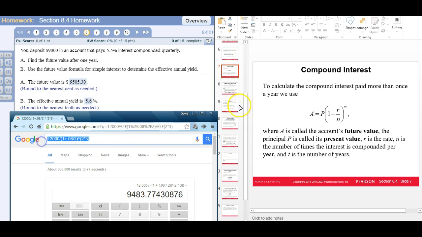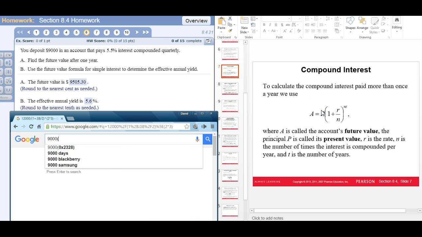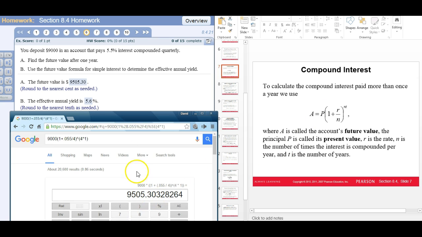So I'm back to this: P times, so 9,000 times, parentheses, 1 plus R over N, 0.055 over compounded quarterly, so 4, close, raised to the power of, parentheses, 4 times 1 year, it says in part A. So there is the 30 cents, so it says 30.